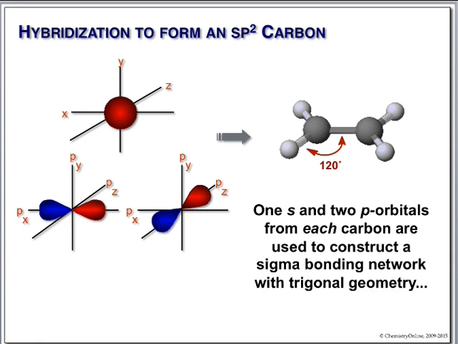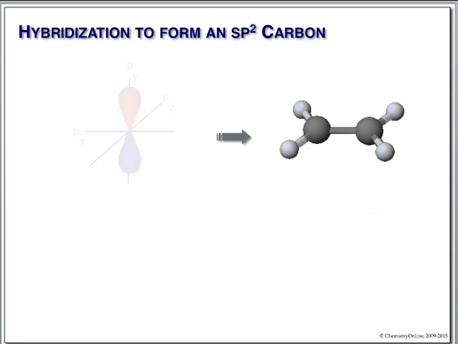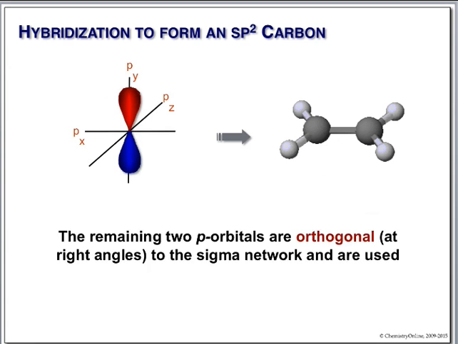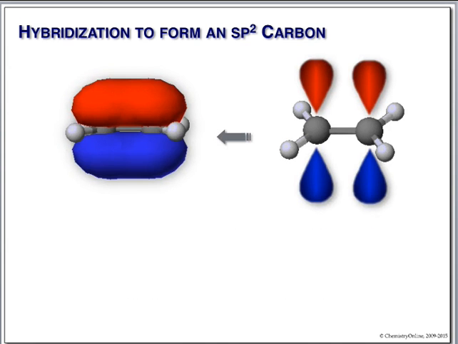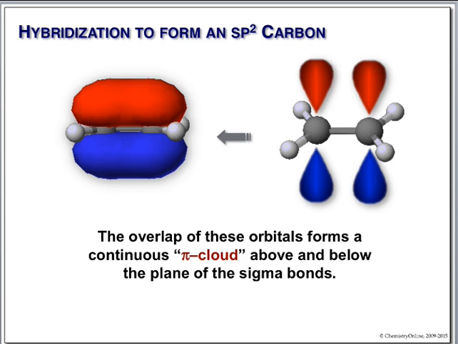We have a p orbital left over on each of these carbons because we only use two of them. So these p orbitals are still on each of these carbons, and they show up like that. When orbitals are next to each other like that, they can overlap to form a molecular orbital.